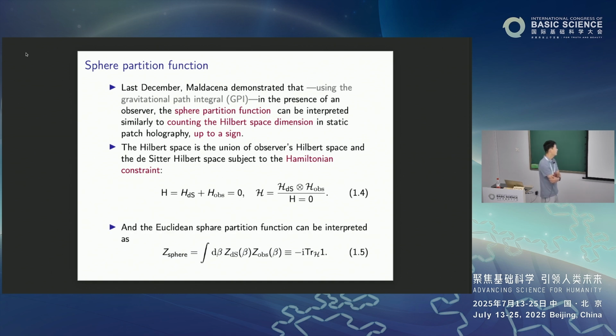Then Juan argued that if you consider the Euclidean sphere partition function that includes the pure Einstein gravity term times the observer term, then the sphere partition function can be interpreted as a trace of 1 in the physical Hilbert space. Maybe let me spend a few words about the formula. Before introducing the observer, when only considering the sphere partition function in GR, Joe Polchinski famously found that this partition function is not real positive, due to conformal modes.